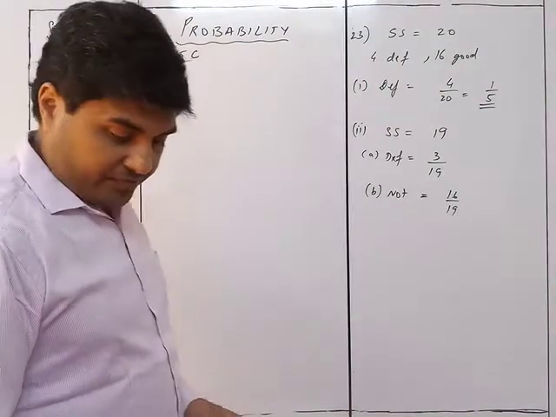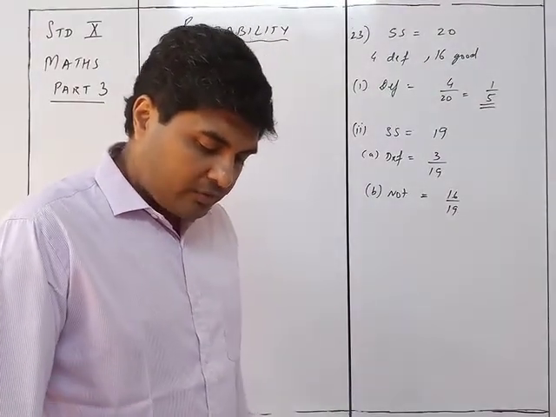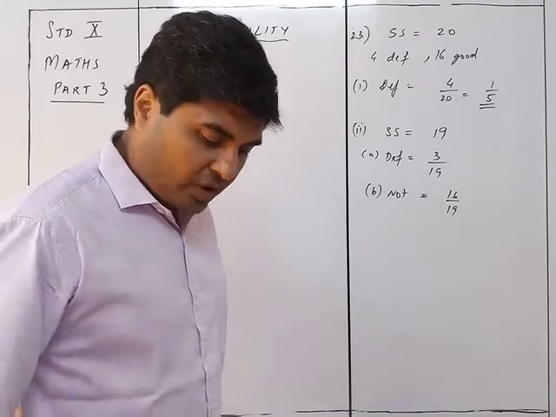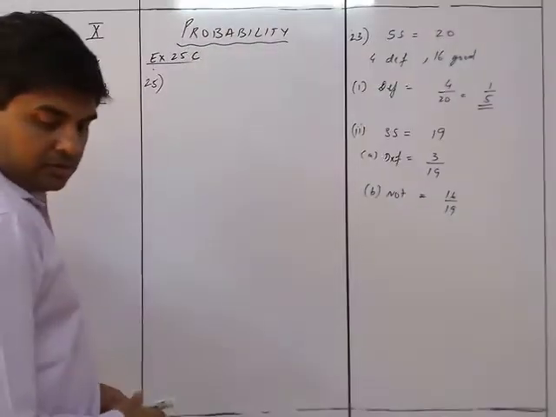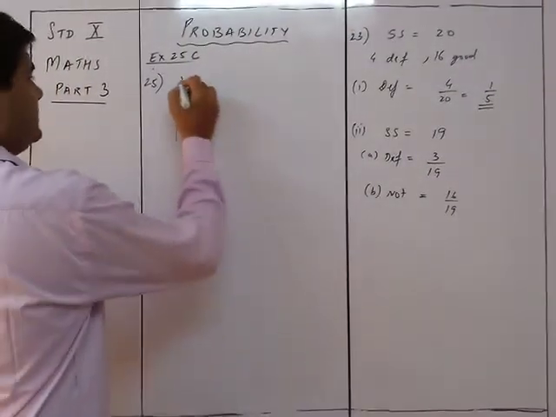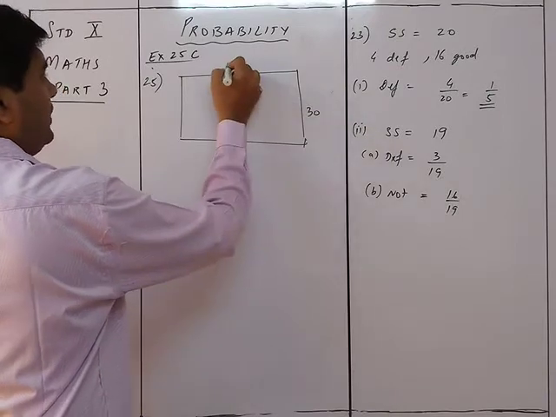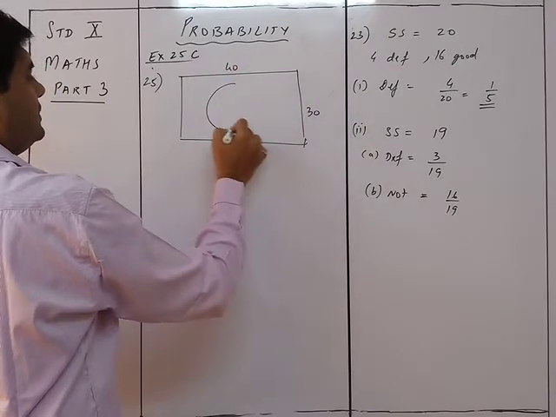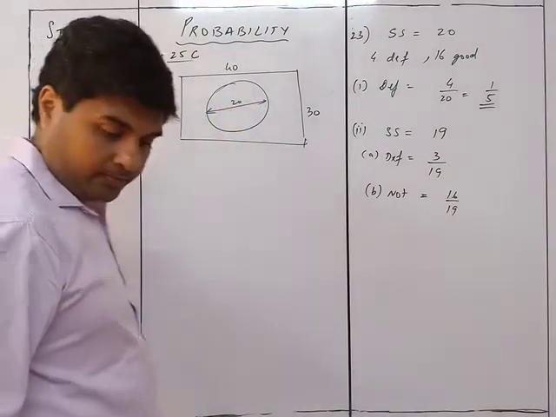Sum number 25. A circle with diameter 20 cm is drawn somewhere in a rectangular piece of paper with length 40 and breadth 30. Okay, so here is the paper, which is 30 by 40, and you are drawing a circle of diameter equal to 20.